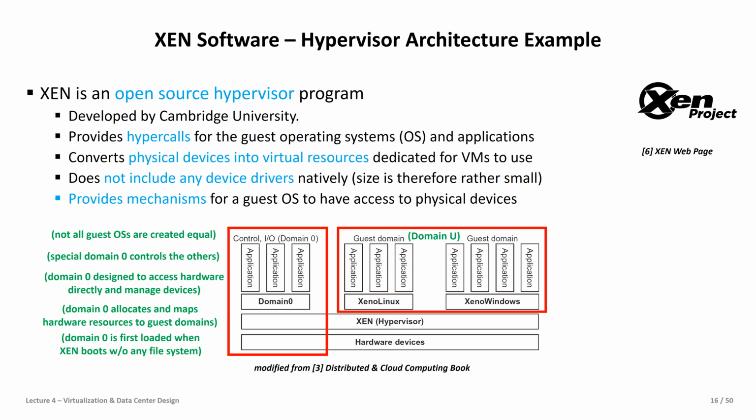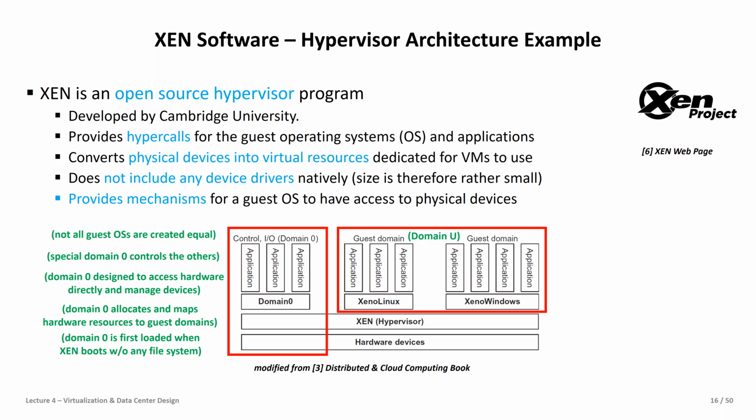So the first one is an example of Xen. I think some of you have heard about it. It's more a hypervisor architecture, which also shows that, while I talked about the guest operating systems being always equal, here in Xen the domain 0, as it is called, is a very special operating system, which operates more or less like the host.